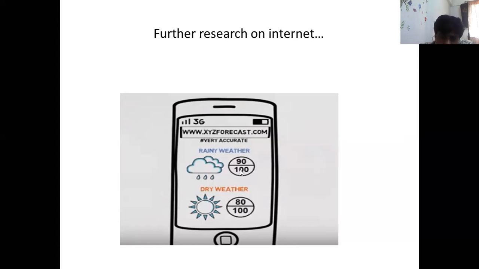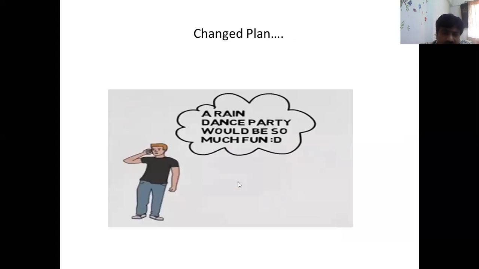So he observed a 90% probability of rainy weather and an 80% probability of dry weather, right? Based on this prediction data, he changed his plan. Instead of bike riding, he changed his plan to a rain dance party. Would be so much fun as compared to bike riding.